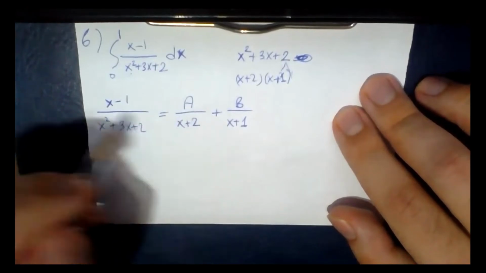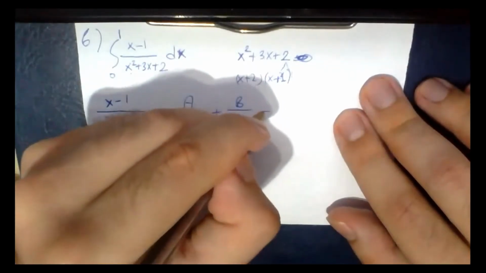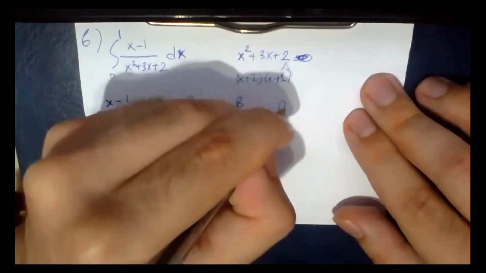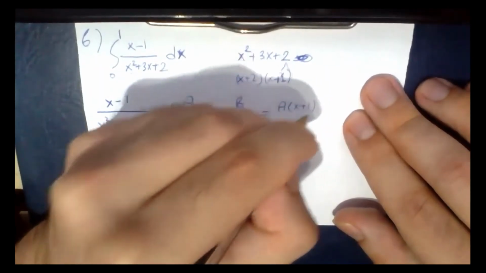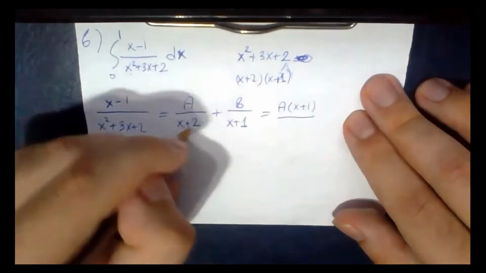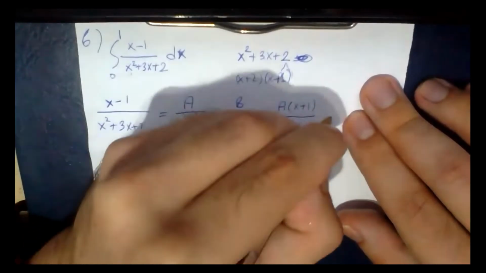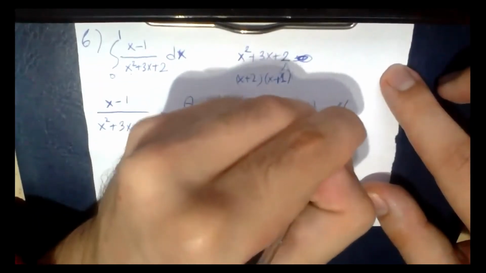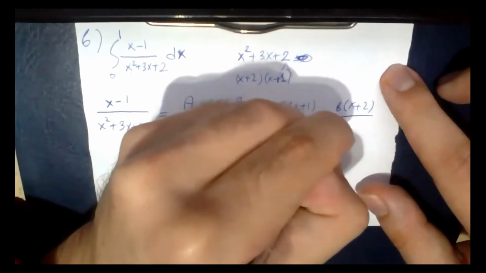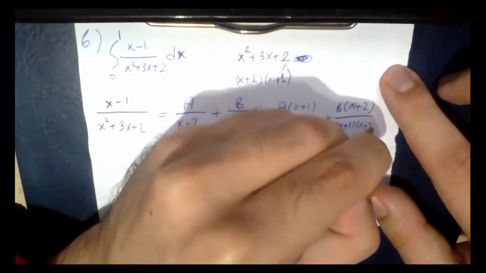Since this equality holds, by synchronizing denominators, we can write this part as a times x plus 1 over x plus 2 times x plus 1, plus b times x plus 2 over x plus 1 times x plus 2.